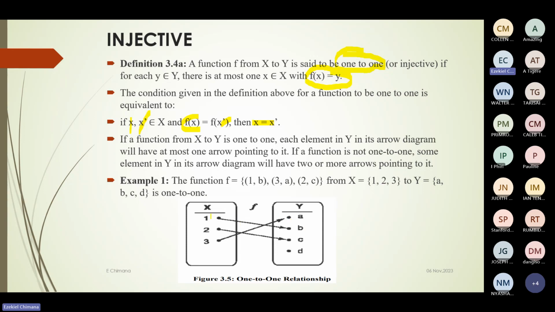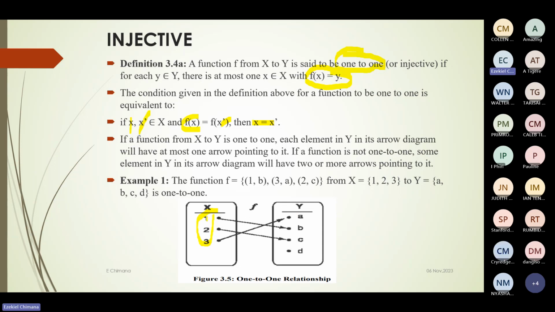Let's just look at this function, which is a 1-to-1. We are saying each element must be mapped to just one of these elements. Like you've got 1 to B, 2 to C, and 3 to A. Then you can safely say it's a 1-to-1 function.